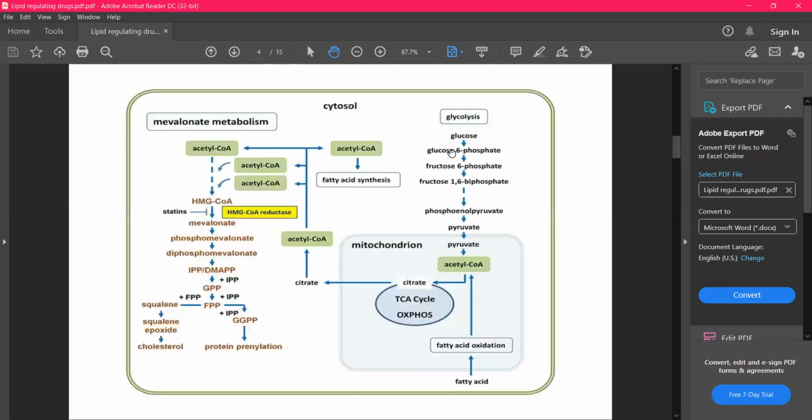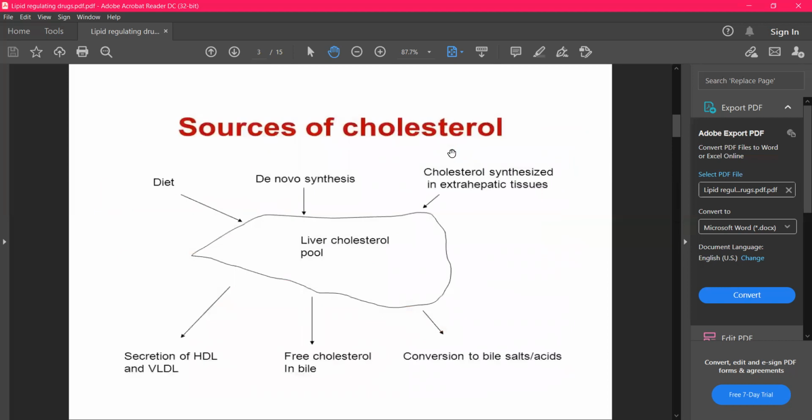If you check this out, more and more bile acids are being produced from the cholesterol pool, because bile acids do not return to the liver, so the liver thinks you need more bile acids, and it starts producing bile acids using cholesterol. So can you say the liver cholesterol levels will start to decrease as they're being utilized?